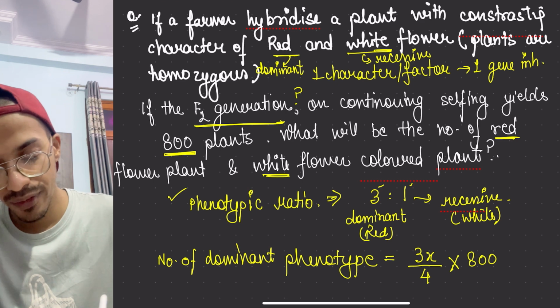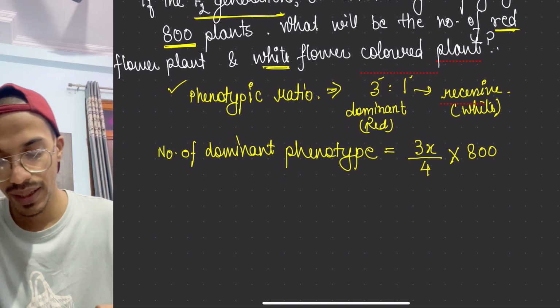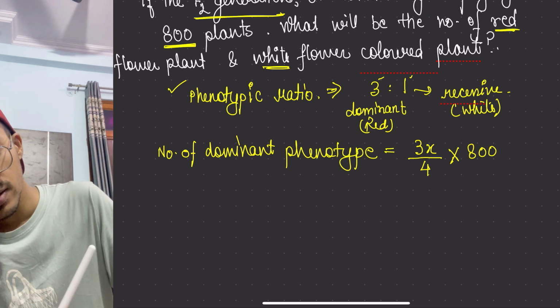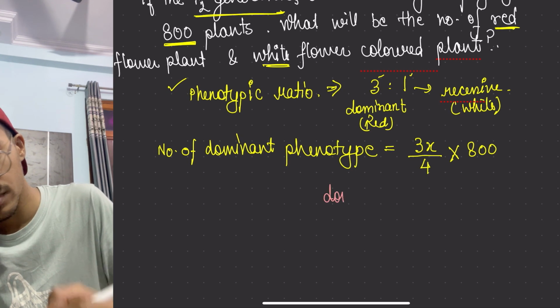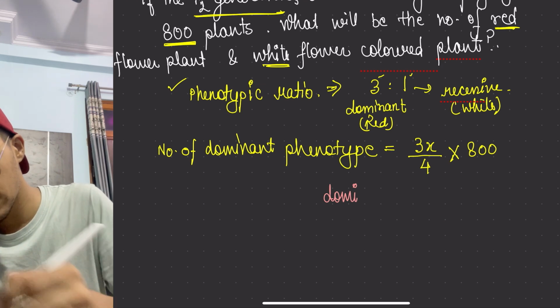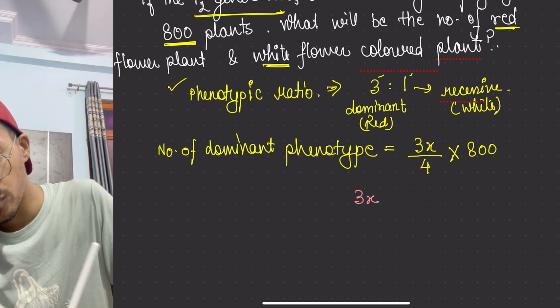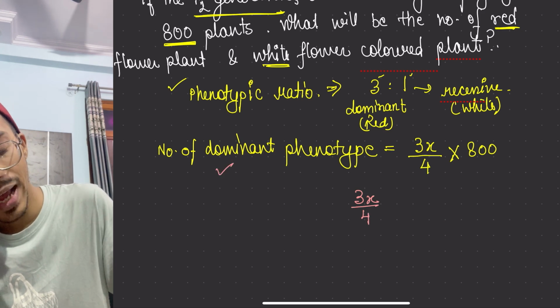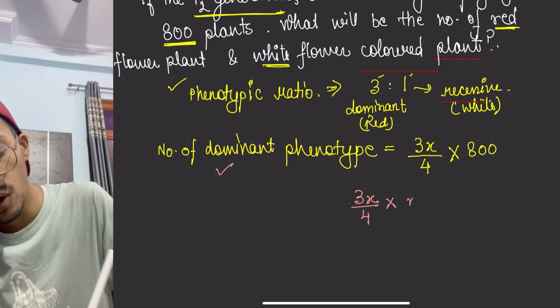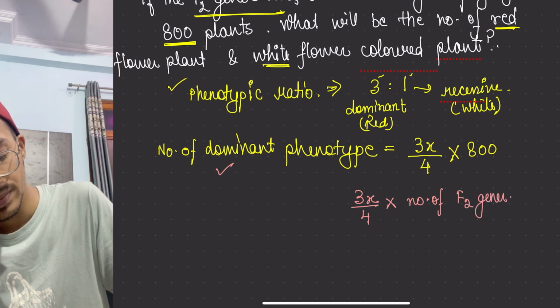If you want to make it a formula, how will you make it? You write the dominant as 3x by 4, multiplied by the number of F2 generation progeny.